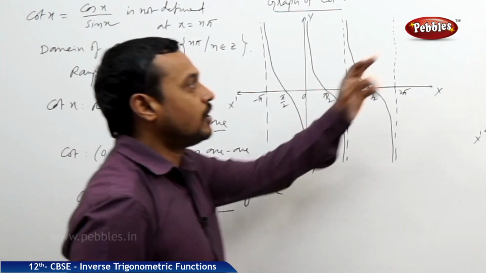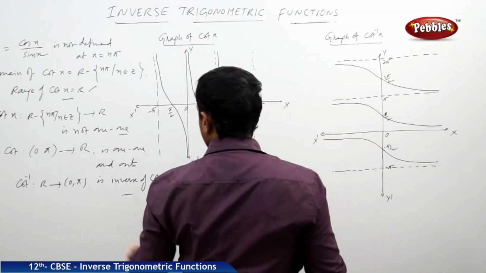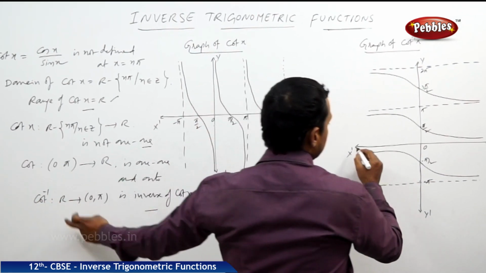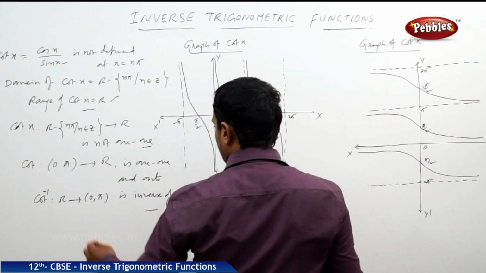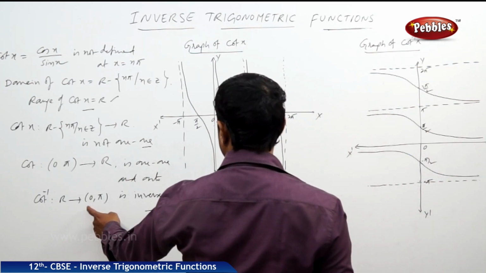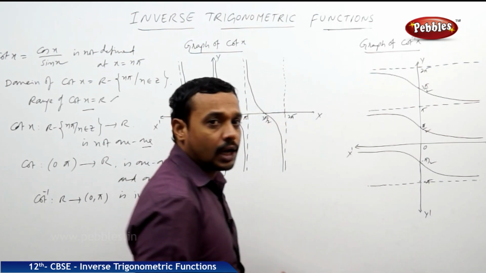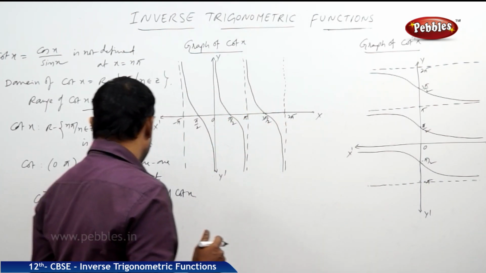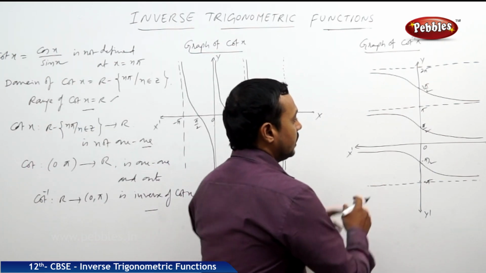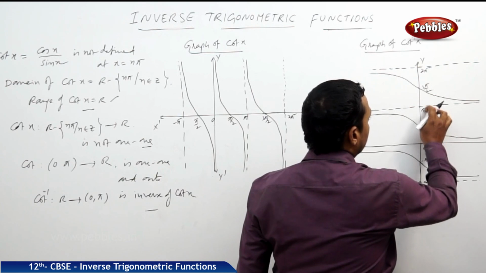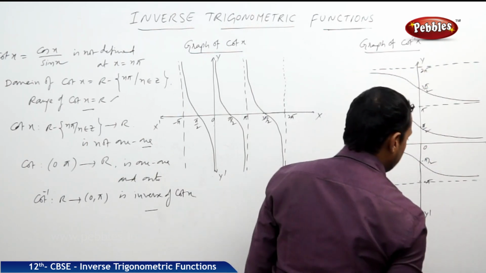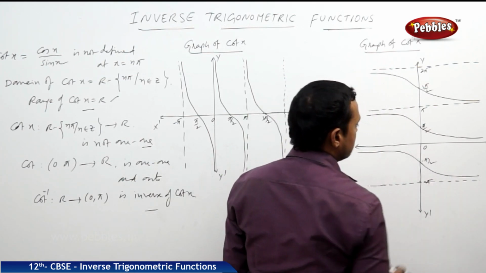Now let us see the graph of cot inverse x. Here the domain of cot inverse x is R, so we can take all real values minus infinity to plus infinity on the x axis, but the range is 0 to pi or pi to 2 pi or 2 pi to 3 pi, etc. So divide the interval into 0 to pi, pi to 2 pi, and in the same way in the negative direction, minus pi to 0, like this.